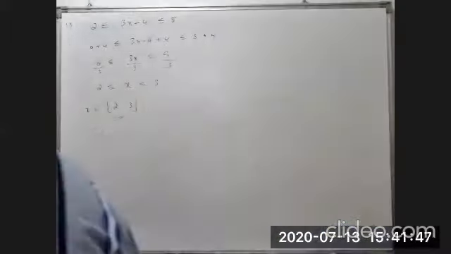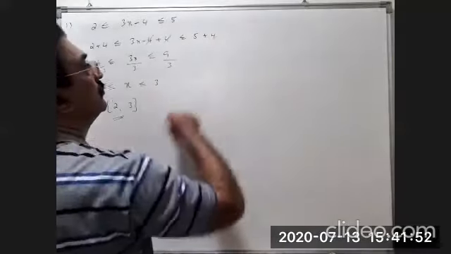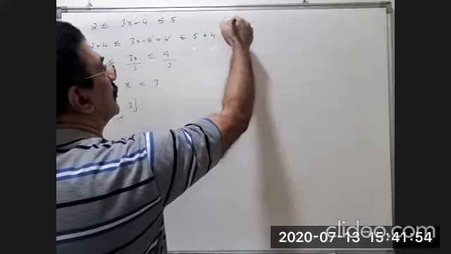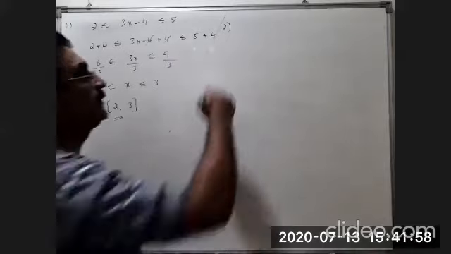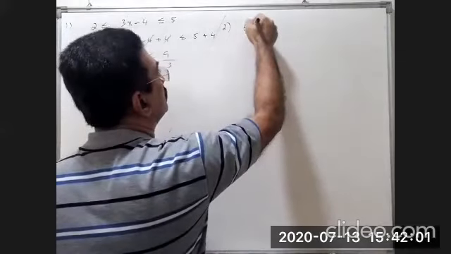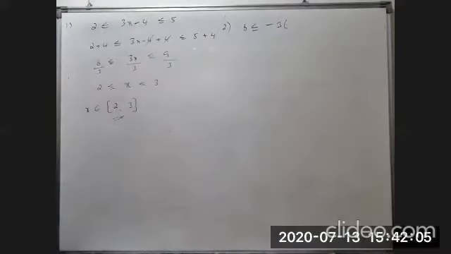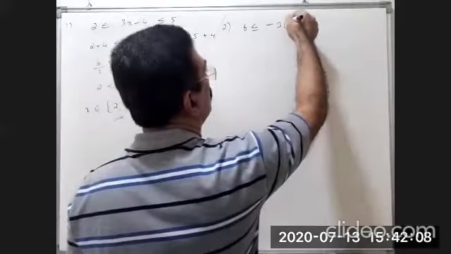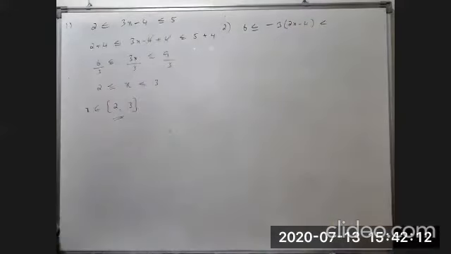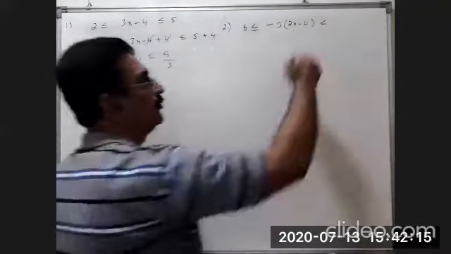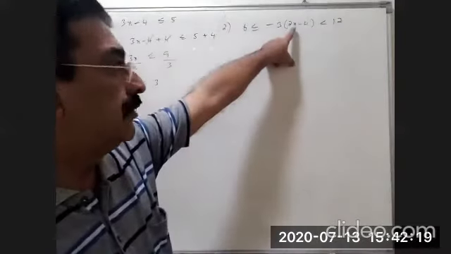Question number 2. It's a good one. 6 less than or equal to minus 3 into 2x minus 4 less than 12. See here, our x is here.